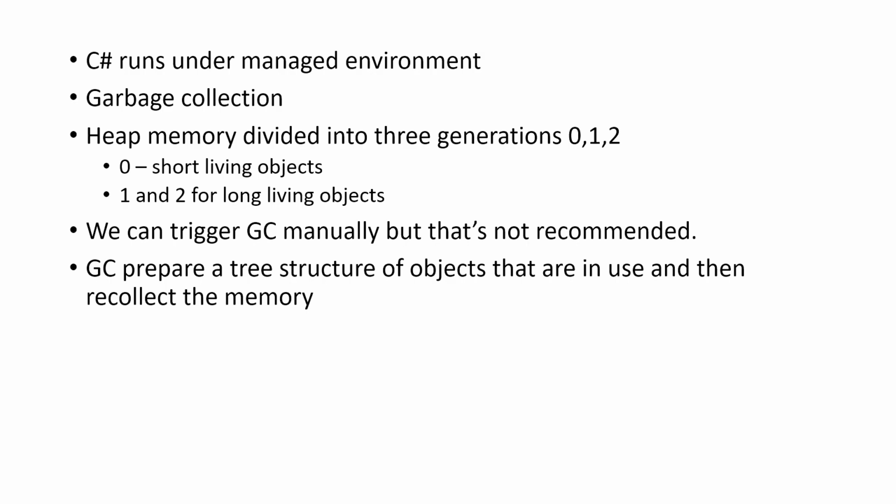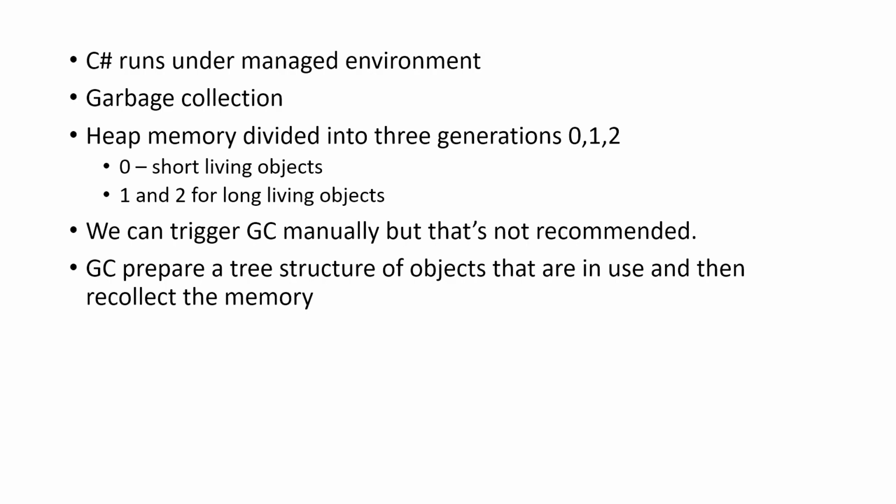Once the scan is done, it prepares a tree-like structure containing all the objects that are currently in use. Any other objects are waste, which means they occupy memory but aren't used anywhere in the application. Once the tree-like structure is prepared, garbage collection deletes all those unused objects and reclaims that memory.